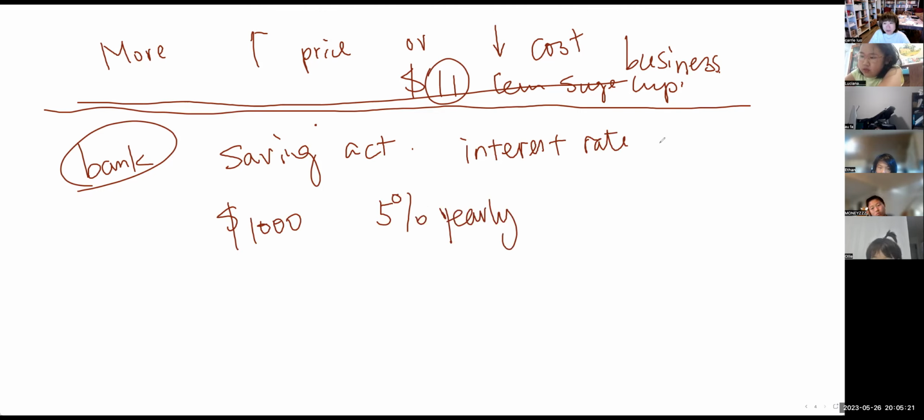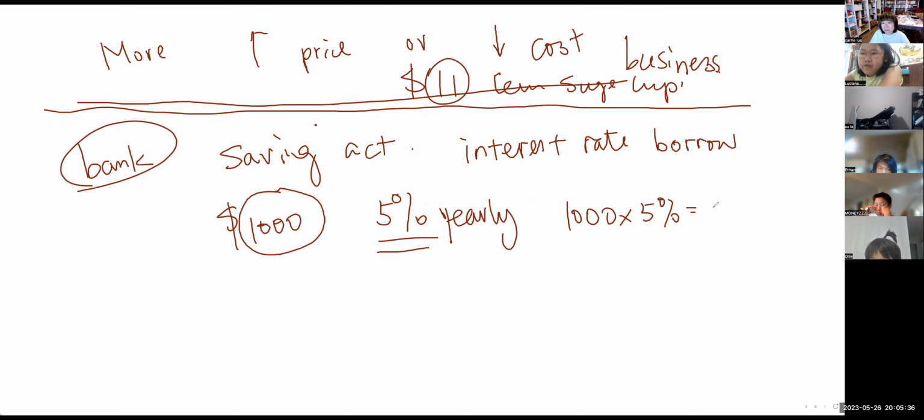That means that the bank borrows money from you, and they're paying you 5% every year for the $1,000 you lend to them. So 1,000 times 5% equals what? Ethan? 1,200. 1,000 times 5%.